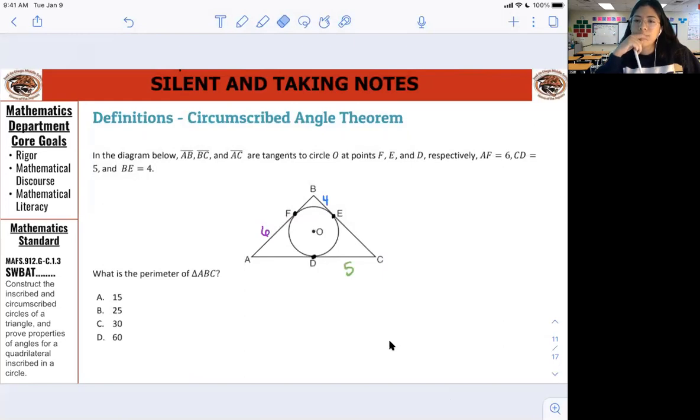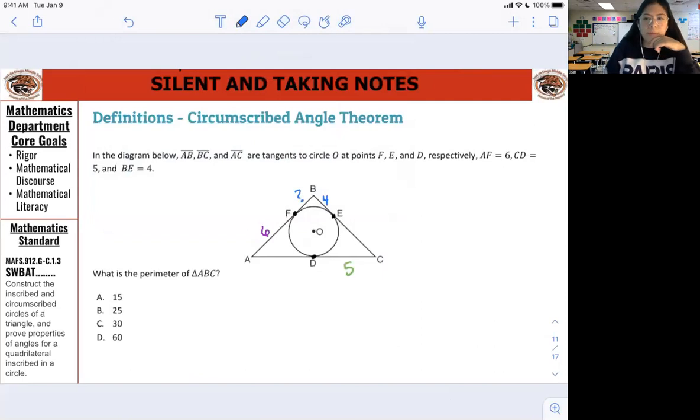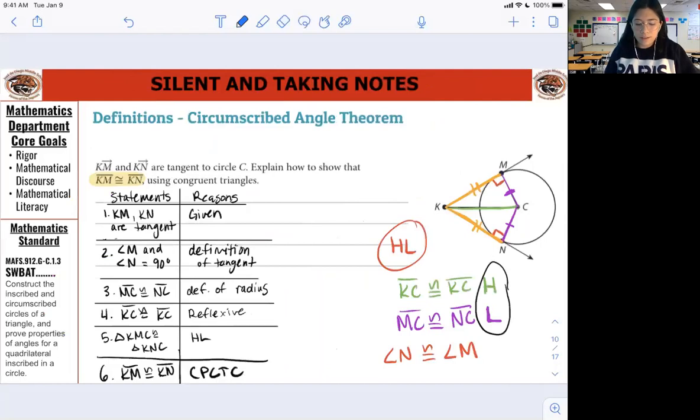What am I missing? BF. I don't know BF. What else? EC and AD. But given what we just learned about tangents, let me clear this up a little bit.